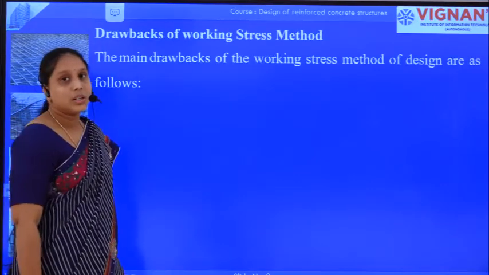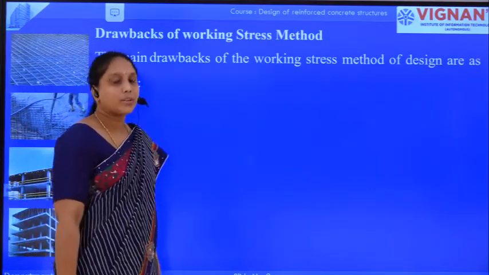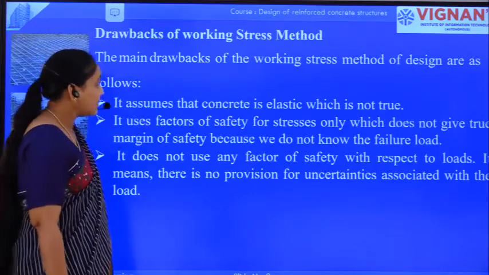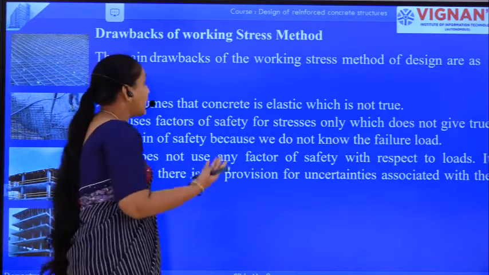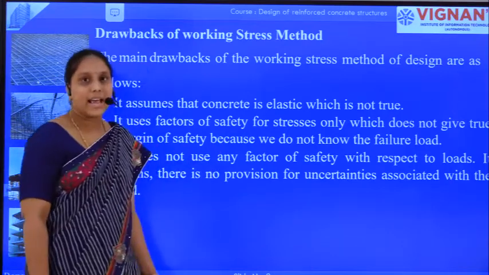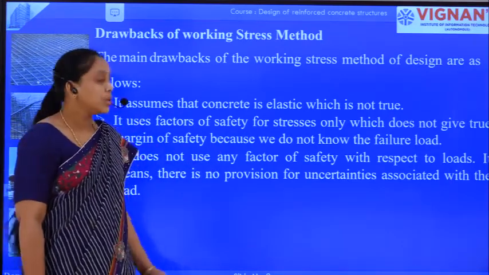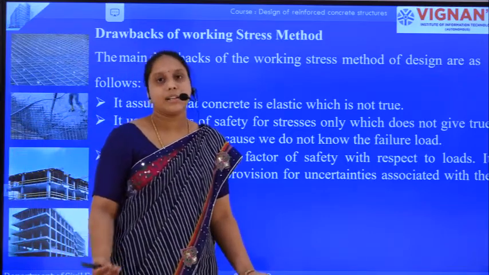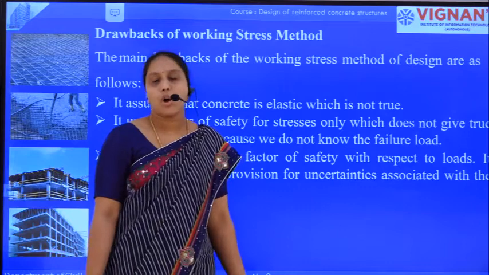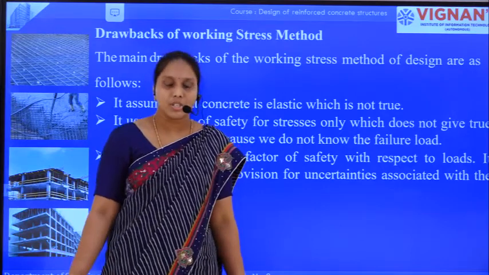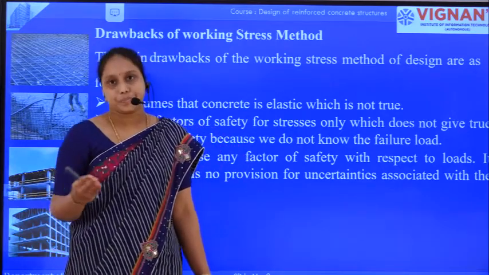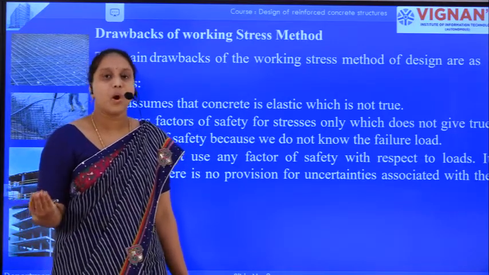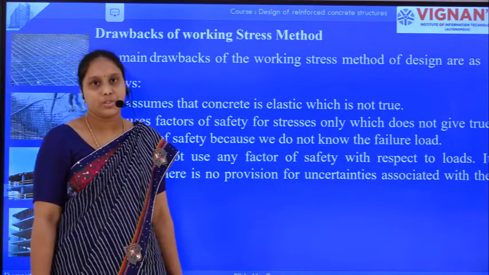So what are the disadvantages or the drawbacks of the working stress method? The main drawback is it assumes that the concrete is elastic, which is not true. That is what we have already discussed: both the stress strain curve for concrete as well as the stress strain curve for steel are assumed to have an elastic behavior in the working stress method.